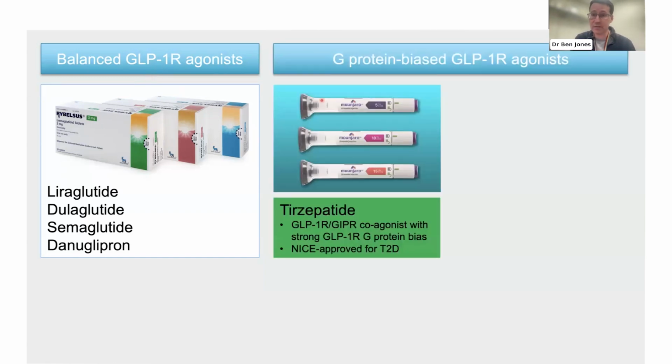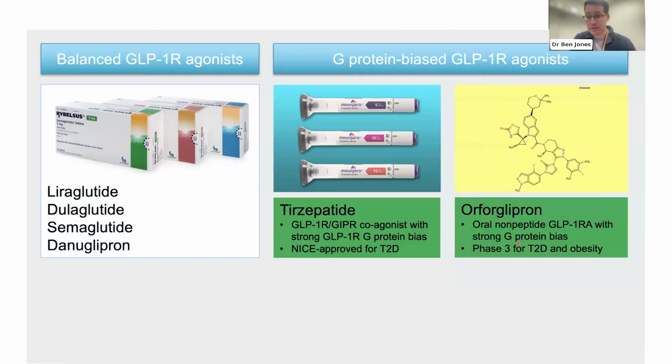But what we also have are some new molecules, for example, tirzepatide. This is actually a GLP-1 GIP receptor co-agonist. So it hits two receptors, but at the GLP-1 receptor, it has quite pronounced bias in favor of the G protein pathway, and is now approved for type 2 diabetes, and under consideration for obesity at present.